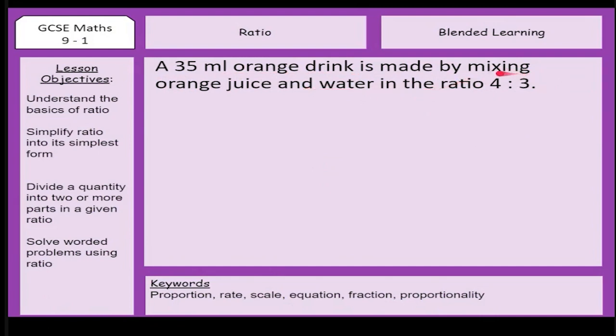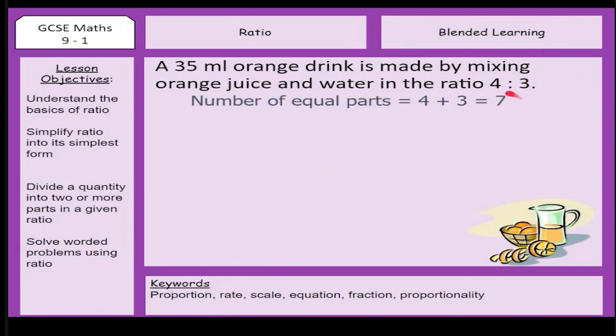So how many parts in total make up the whole orange drink? Well, it's the 4 parts of orange juice plus the 3 parts of water. That gives us 7 parts in total. So let's have a look at those 7 parts.